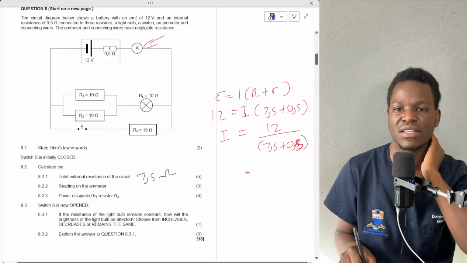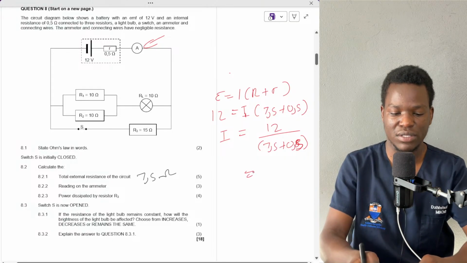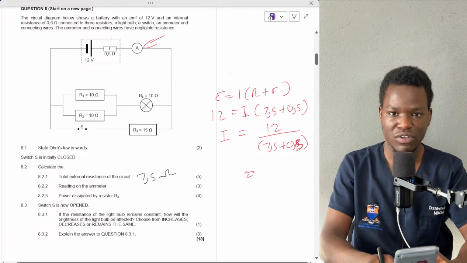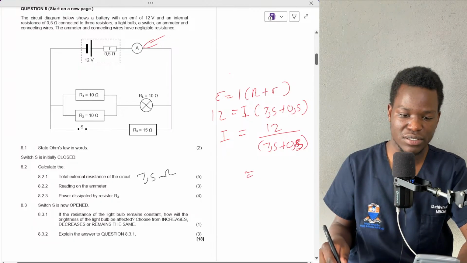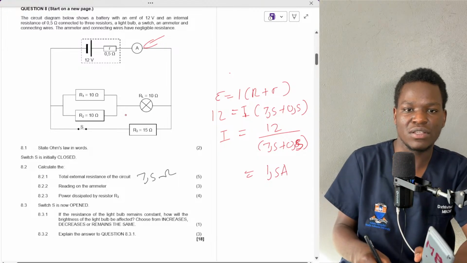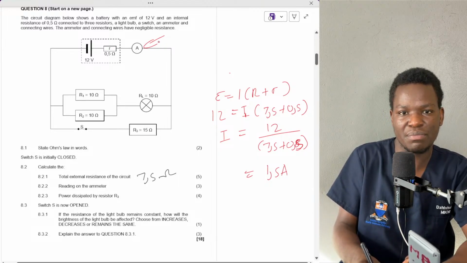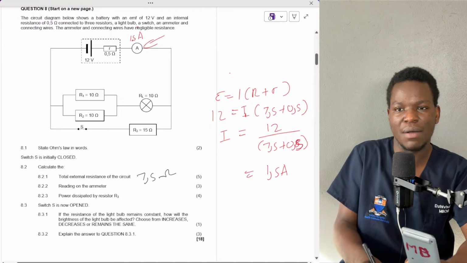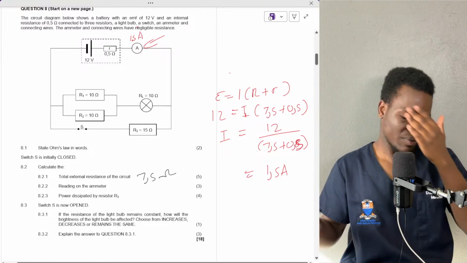It's going to be 12 over 8. 12 divided by 8 is how much? 1.5 amperes. There is our answer there.